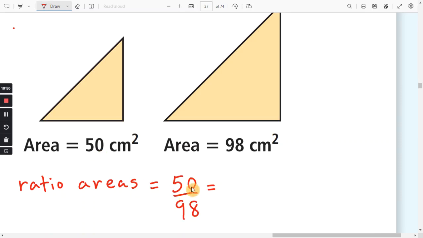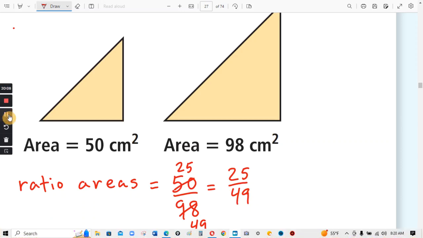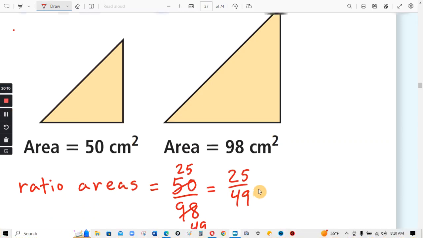So 50 divided by 2 is 25, and 98 divided by 2 is 49. These were both even, that's why I divided by 2. So the ratio of the areas is 25 over 49.